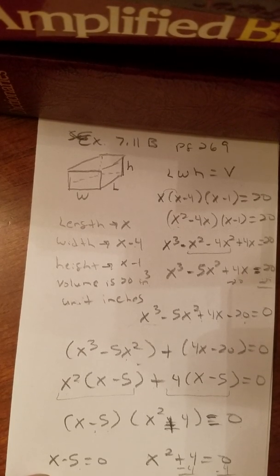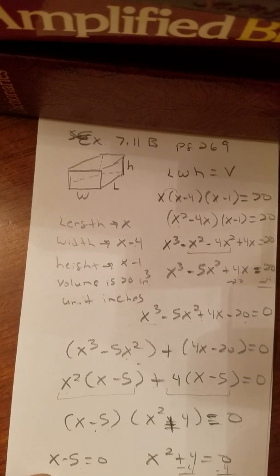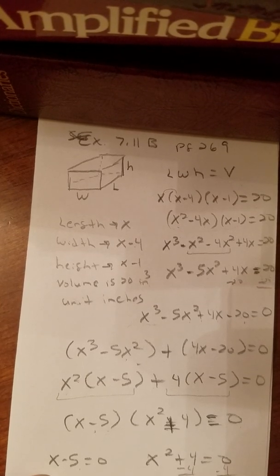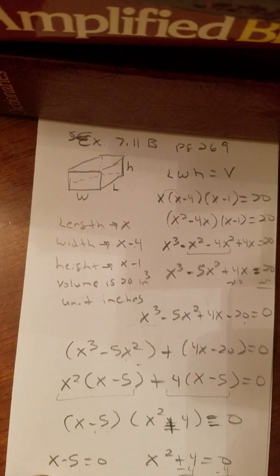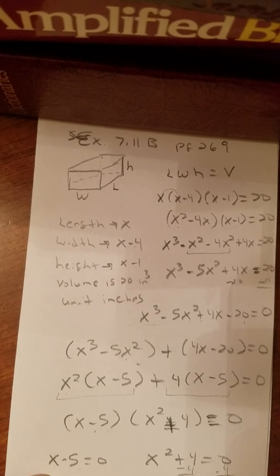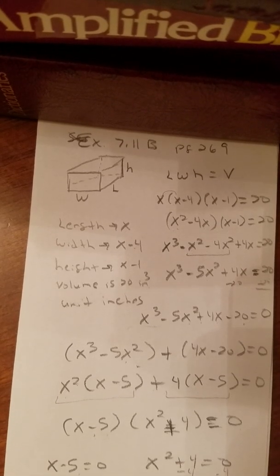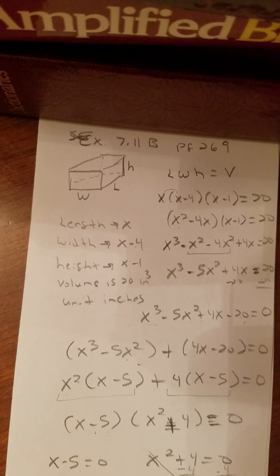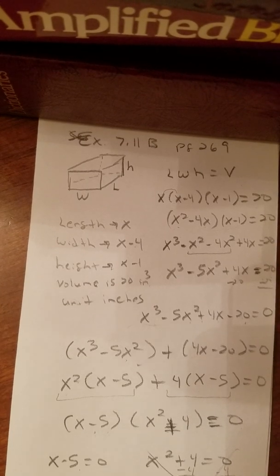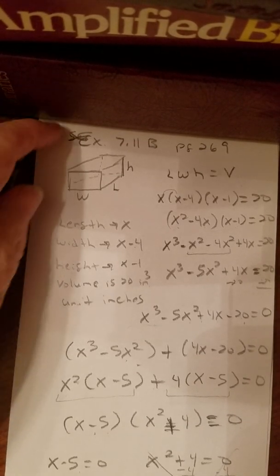Remember, this is not possible. So basically, there is no real number solution for this one. So again, in context, you would not even consider this. You would consider this value.